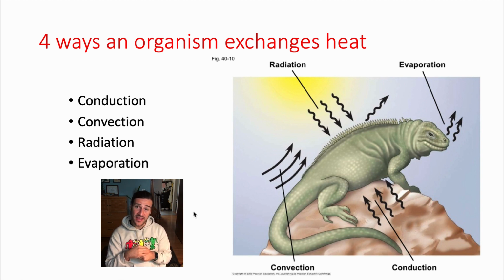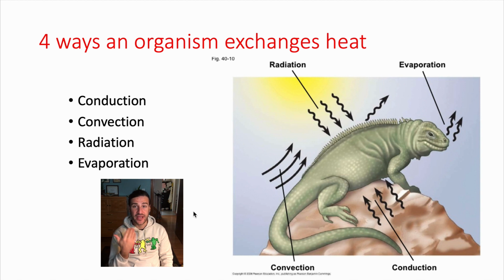That sweat evaporates, and as that liquid water on our skin evaporates, it pulls heat energy away with it. So that is another way of heat transfer. Now dogs, and we're going to get into each one of these a little bit more, but dogs, what do they do? They pant, right?